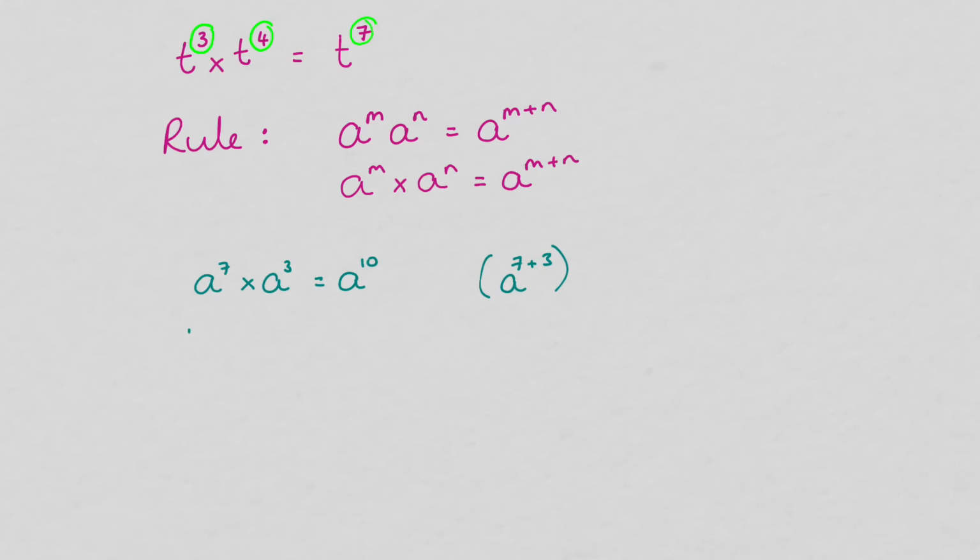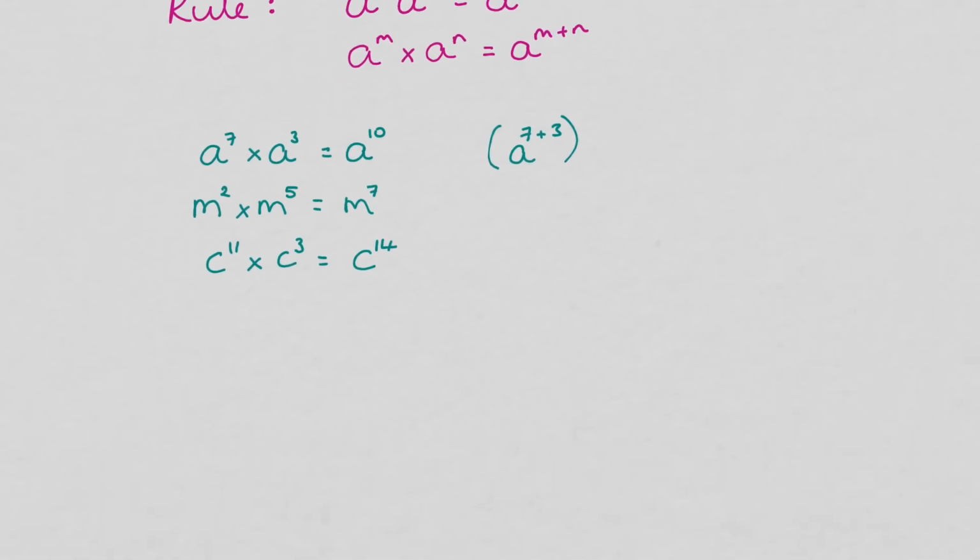Doesn't just work for a's, of course. M squared times m to the power 5 would be m. We need to add the powers now. So that'll give us 2 add 5 is 7. Or c to the power 11 times c to the power 3. Again, add the powers, gives us c to the power 14.